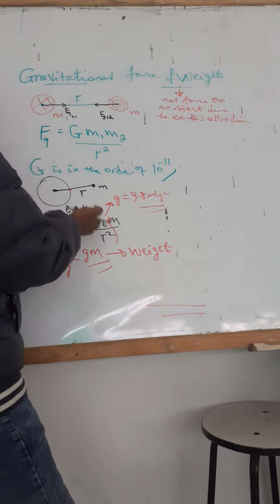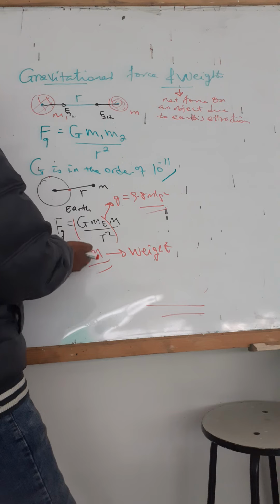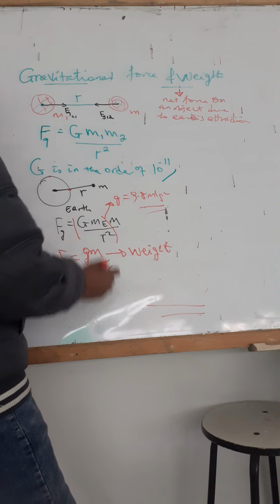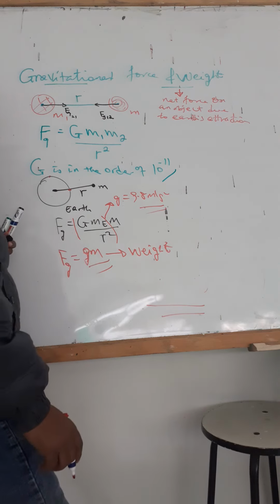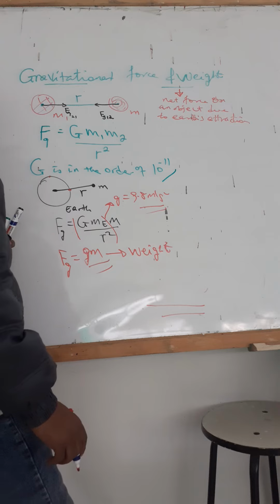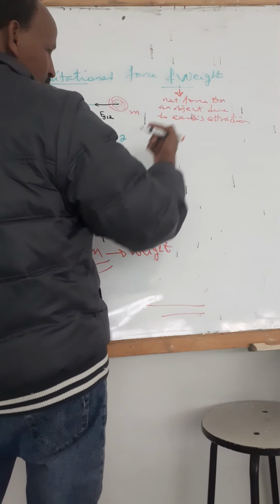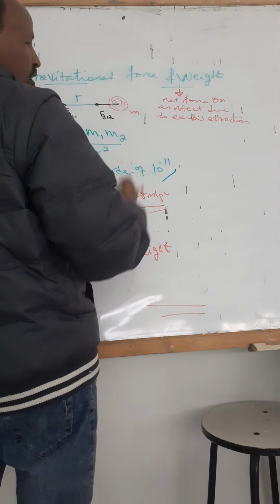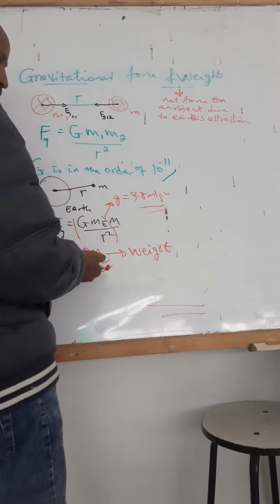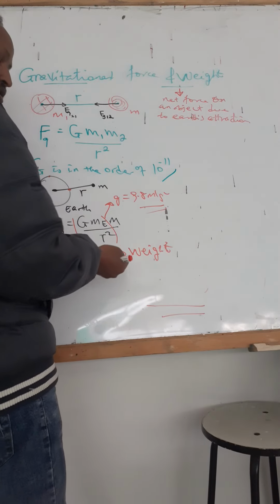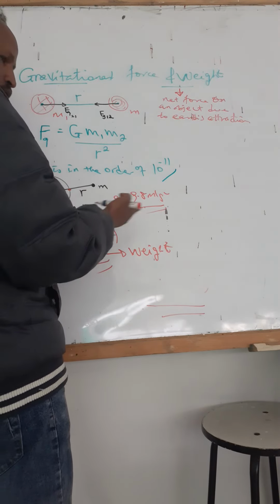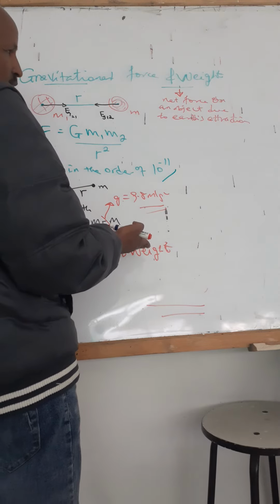Net force on an object is mass times acceleration, and the acceleration is specific, which is g, 9.8 meters per second squared on average on the surface of the Earth. So weight is a net force, and it depends on the mass, because g is going to be the same on average on the surface of the Earth.